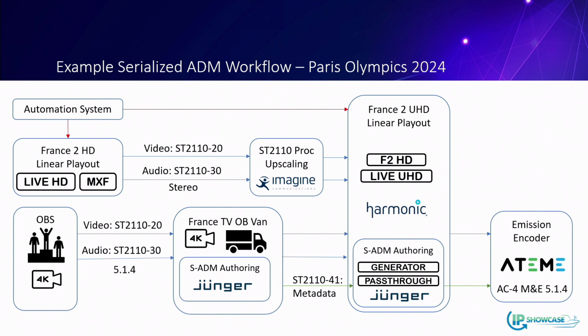It sees the metadata changes, and it uses the new metadata set and reflects that downstream. Mostly it was about switching between 5.1.4, 5.1, and stereo, rather than the personalization or accessibility features. But the plumbing is all there. They've proven a lot. They're very happy with this workflow. It worked very well. So they're now looking at what else they can do with this, looking at those new features.